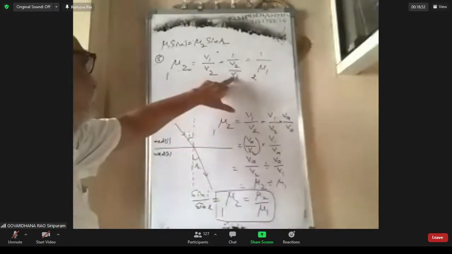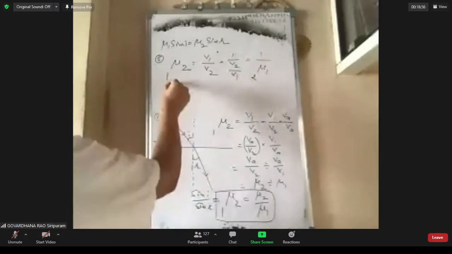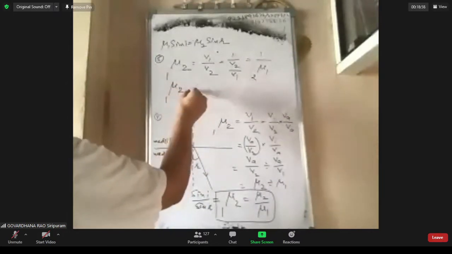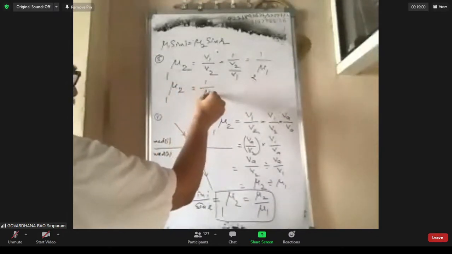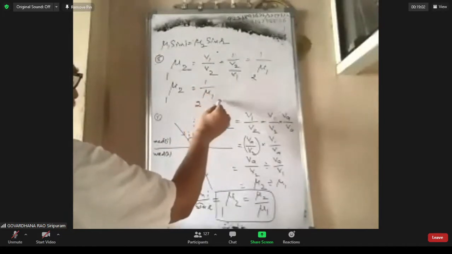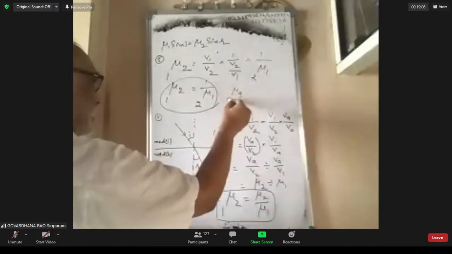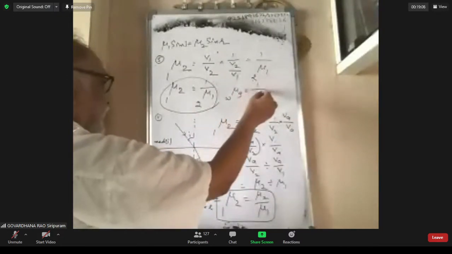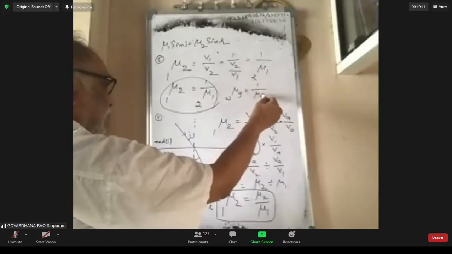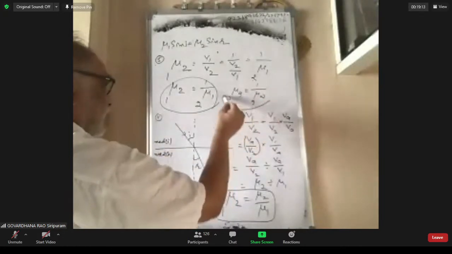So mu2 1 is equal to 1 by mu1 2. That is, the refractive index of glass with respect to water is 1 by the refractive index of water with respect to glass.